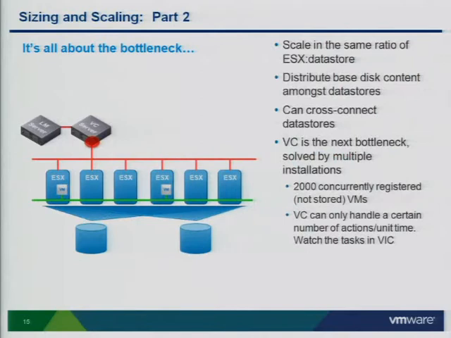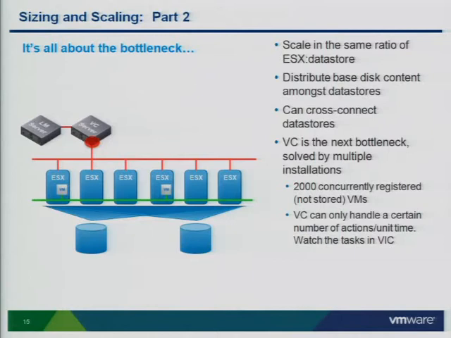When you're scaling, you can have up to 2,000 concurrently registered virtual machines, not stored but registered. VC can only handle a certain number of actions at any given time. This is important to keep in mind because it's not really Lab Manager that's the bottleneck here. It's Virtual Center.